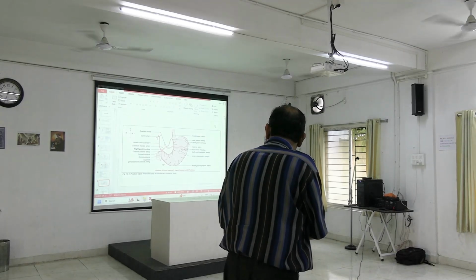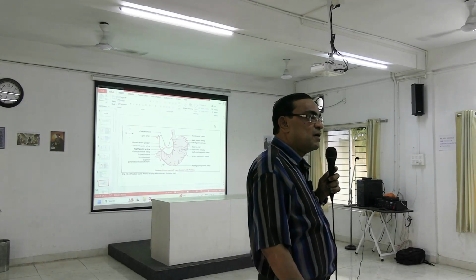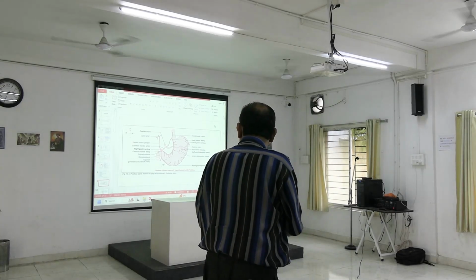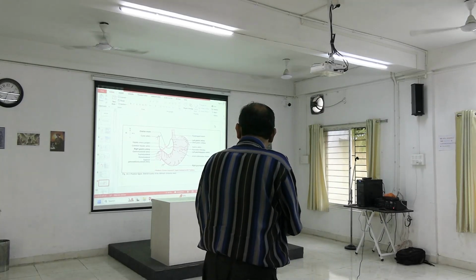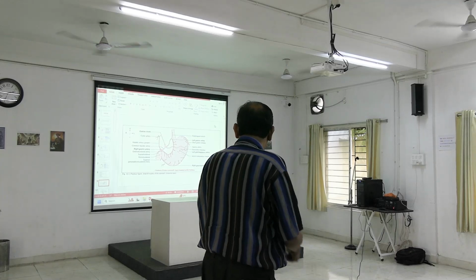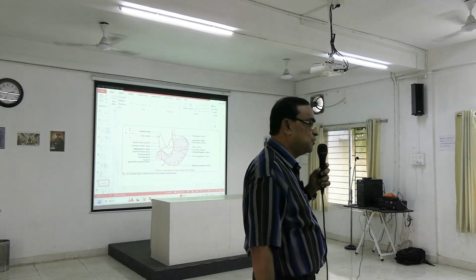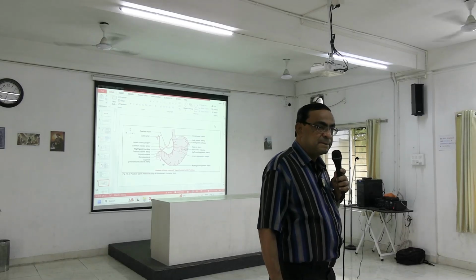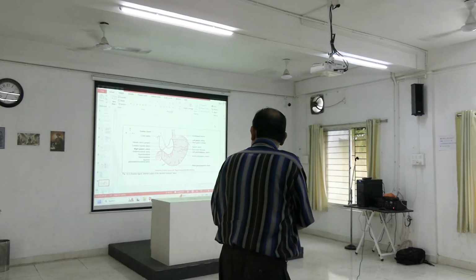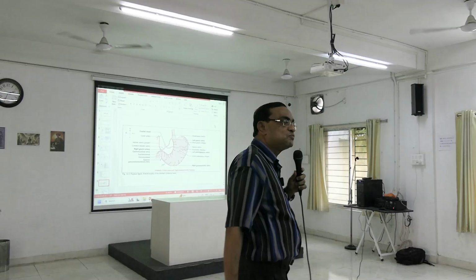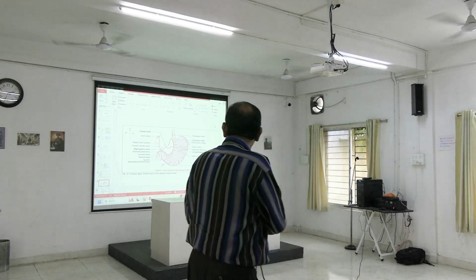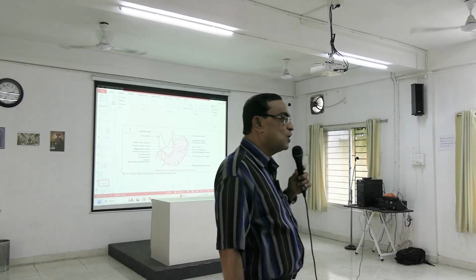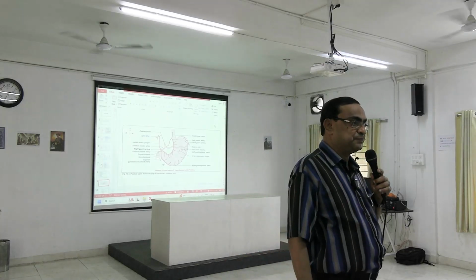One goes towards the liver proper, called the hepatic artery proper, and another comes behind, going behind the first part of the duodenum.